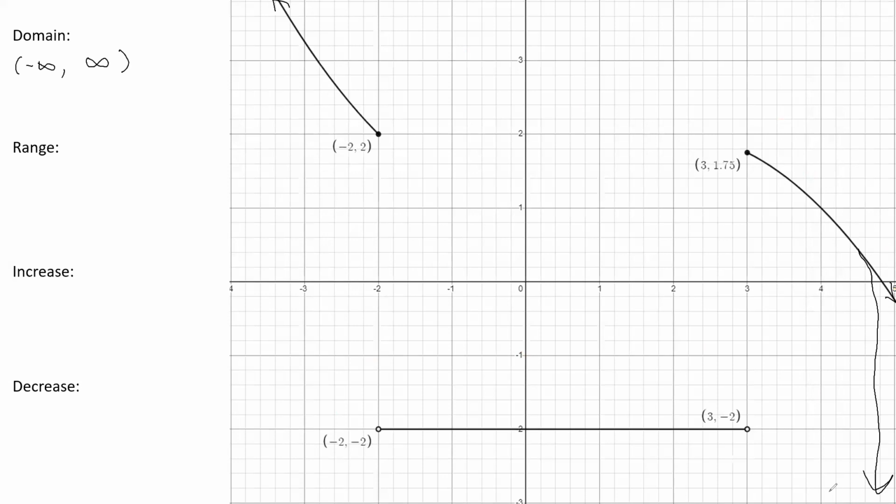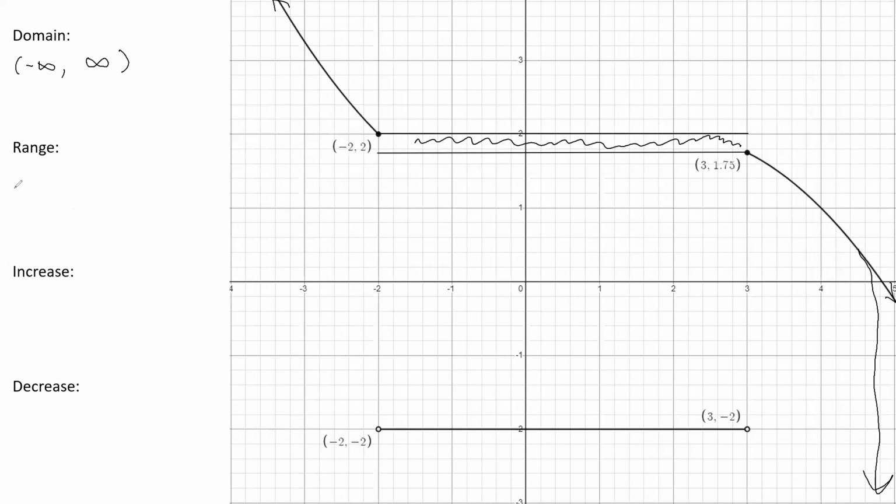We're going to have all of our y values defined going down no matter what. However, we still have a gap in our range, which might be harder to see. That's because this line ends at y equals 2, and this line starts at y equals 1.75. So there's this gap right in the middle here that's totally undefined for our y values. That's the only place where our function isn't defined for the range.